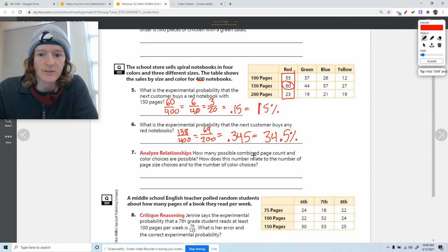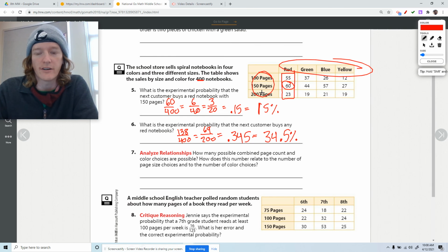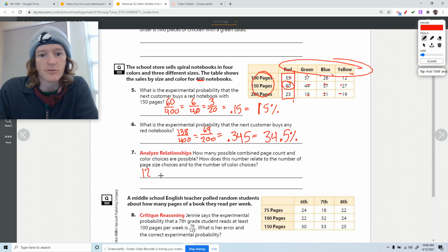How many possible combined page count and color choices are possible? Well, 4 times 3. We've got 4 up here. We've got 3 here. So there's 1, 2, 3, 4, 5, 6, 7, 8, 9, 10, 11, 12 possibilities. How does this number relate to the number of page choices? Oh, okay. There's 12 choices.